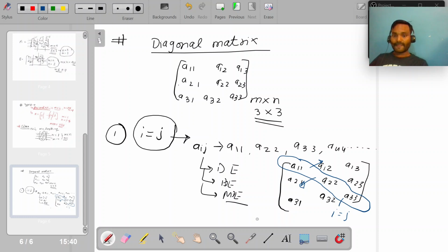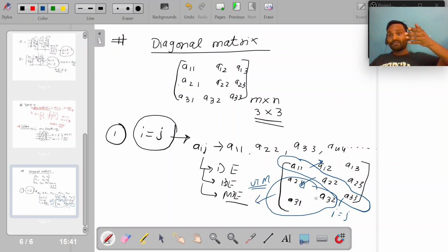If the elements below the main diagonal are zeros, it is known as UTM, upper triangular matrix. If the lower elements of the main diagonal are 0, the matrix is known as an upper triangular matrix.